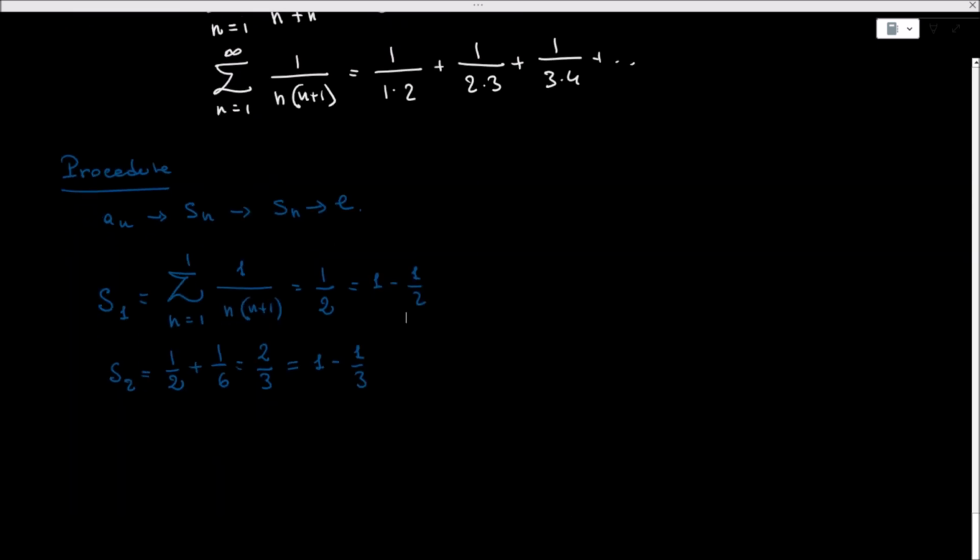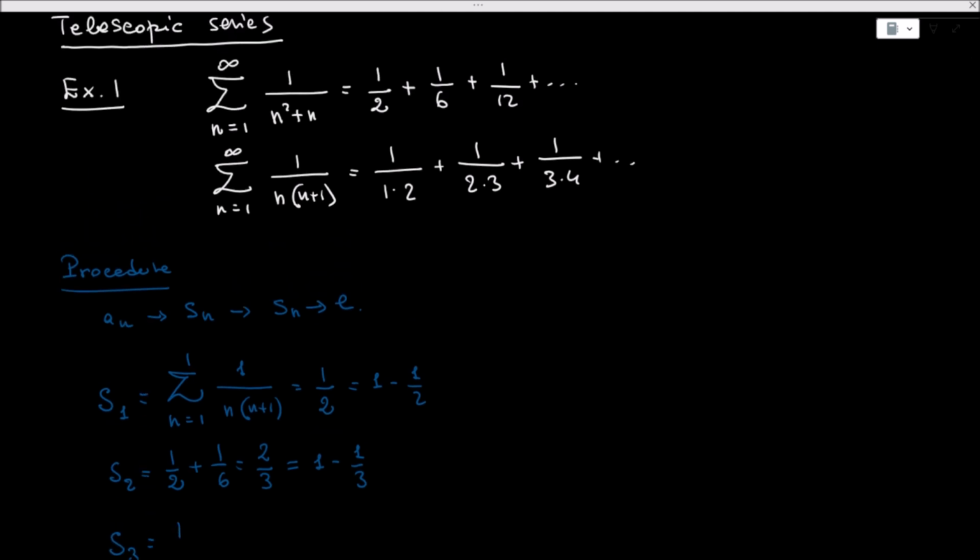Let's proceed with S3. S3 is equal to 1 over 2 plus 1 over 6 plus 1 over 12. Okay, and if we write a common fraction, we have 6 plus 2 plus 1, right?